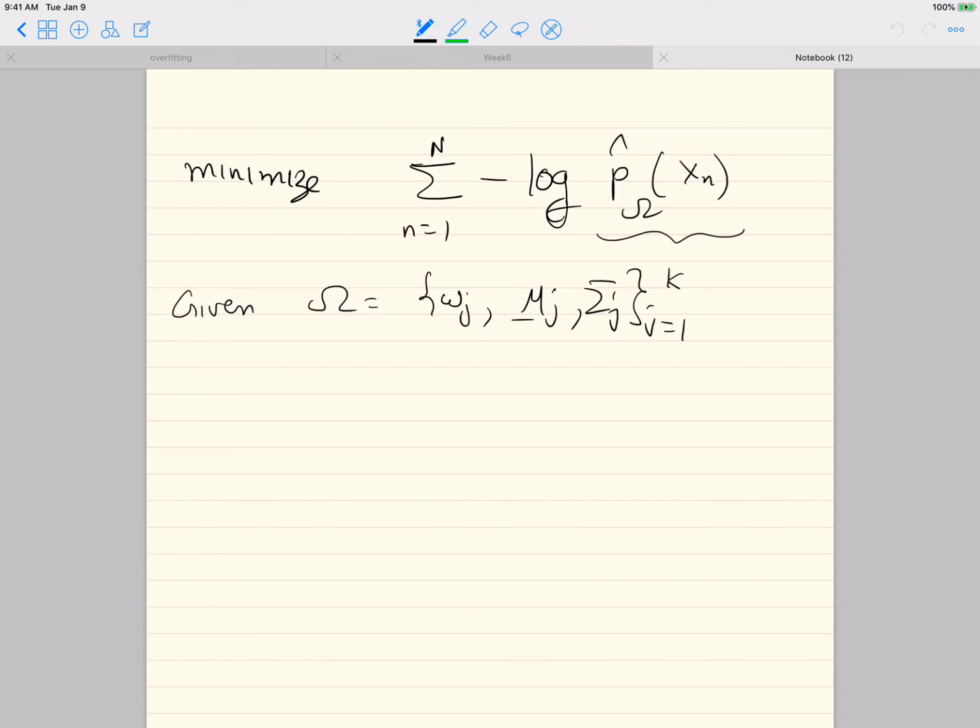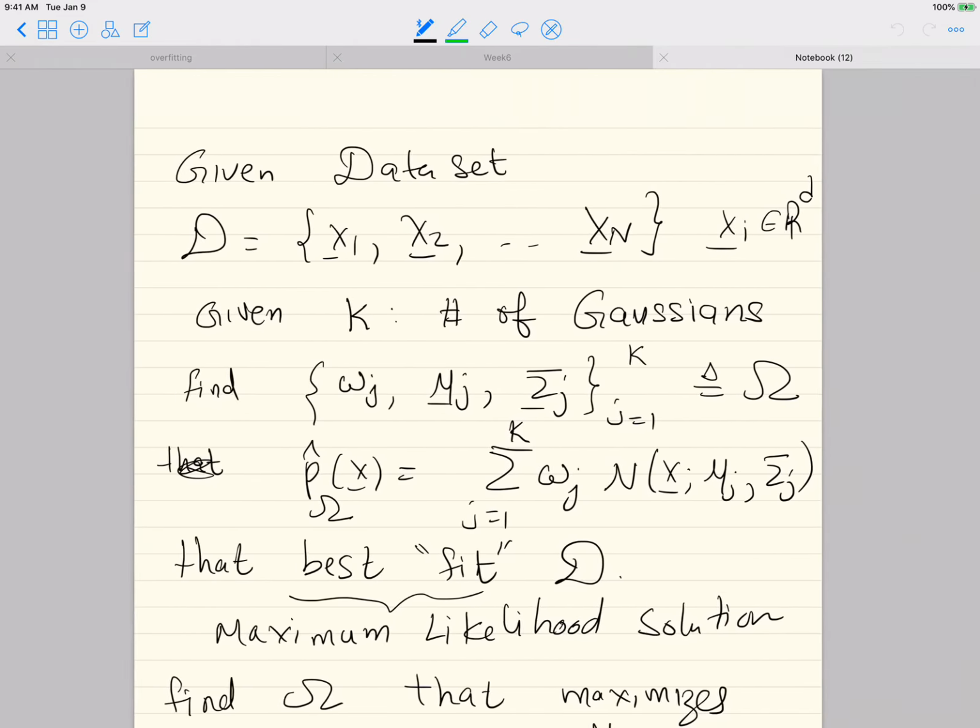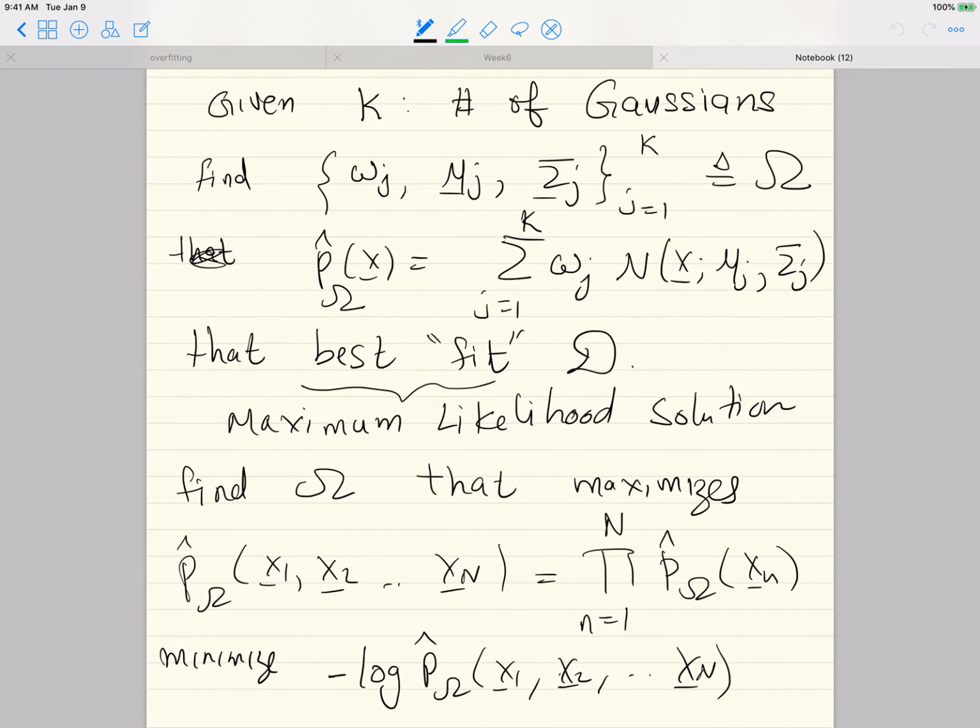Anyone? Think it's obvious? I was hoping it's obvious, not a trick question. Well, p hat of x is defined here, right? So you just evaluate this at xn. That's what it will be.